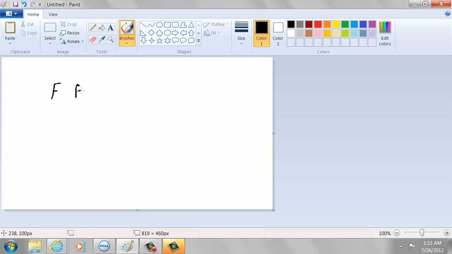Fanning being spelled F-A-N-N-I-N-G, Fanning. And this is exactly what we had defined just a few seconds ago. Rewind it. That's what this is. And it's for chemical engineering disciplines.